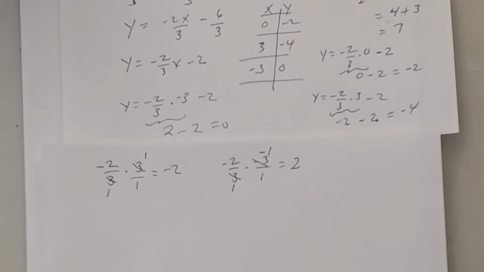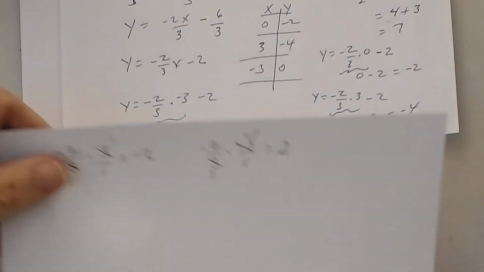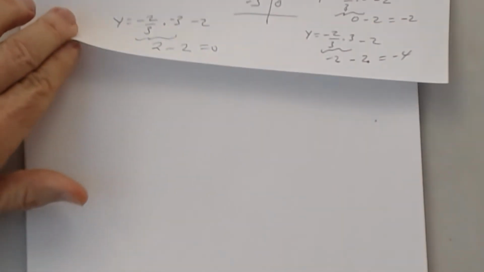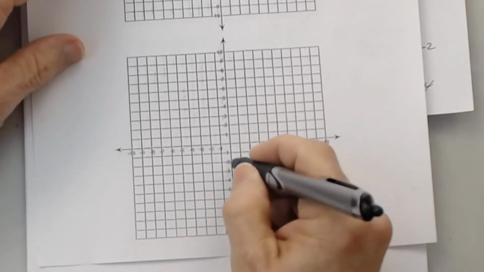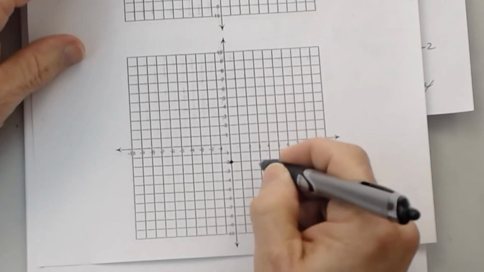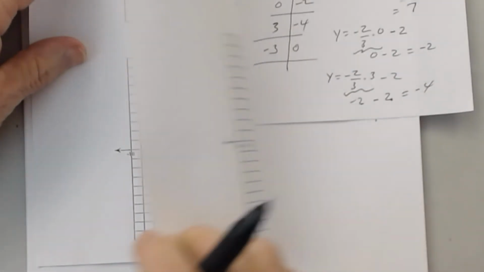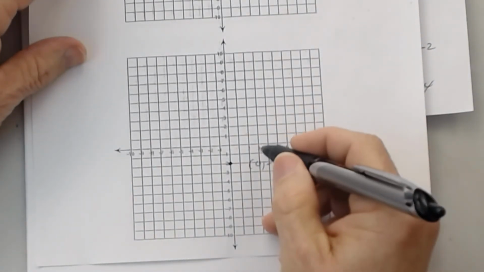Now, let's plot those 3 points. So 0, negative 2 is right here. Okay. Then the other one was 3, negative 4.